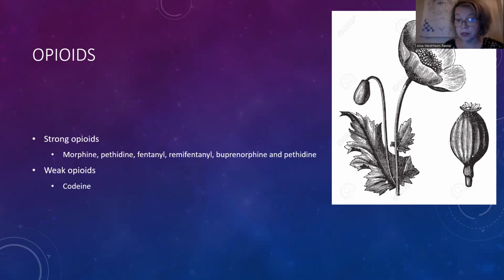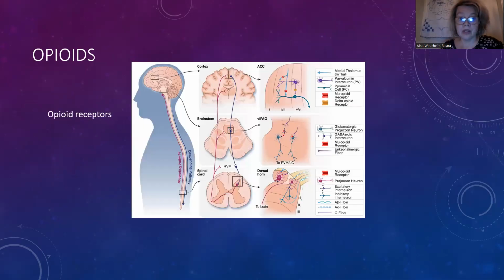The most well-known weak opioid is codeine. This figure shows opioid receptors and where they are found mainly in the body. They are found in the cortex, in the brainstem, and in the spinal cord.